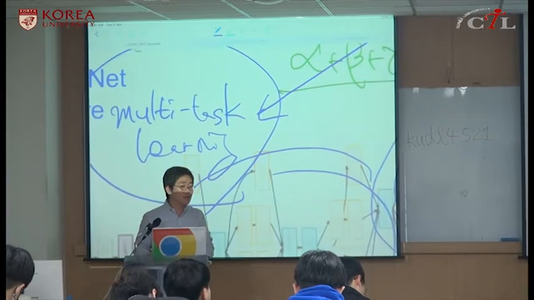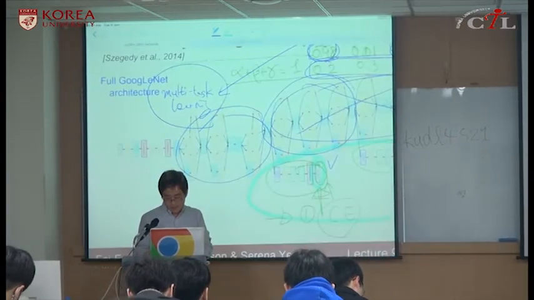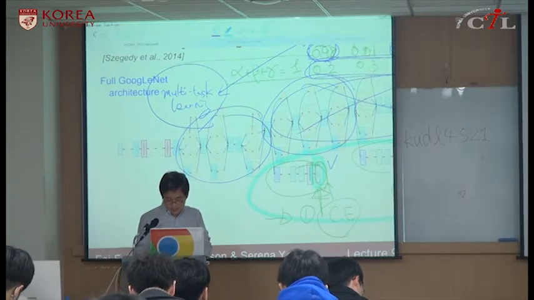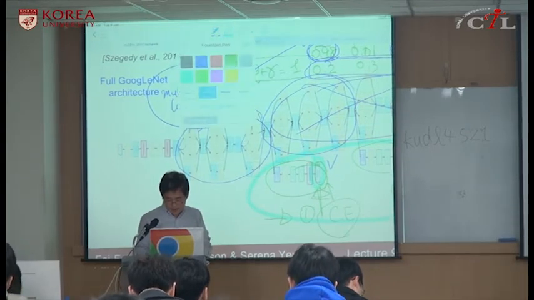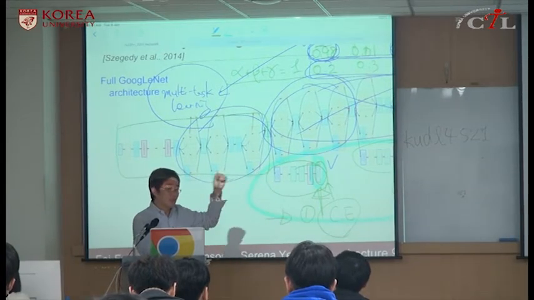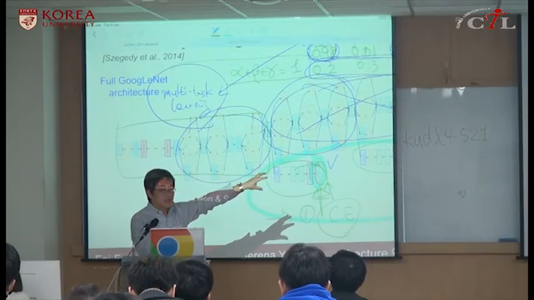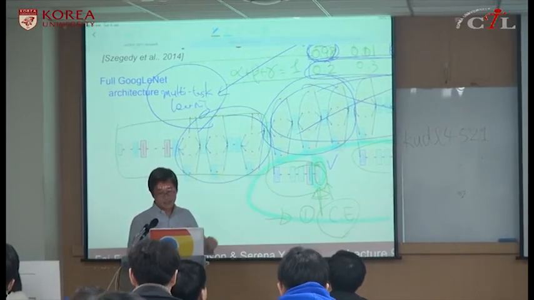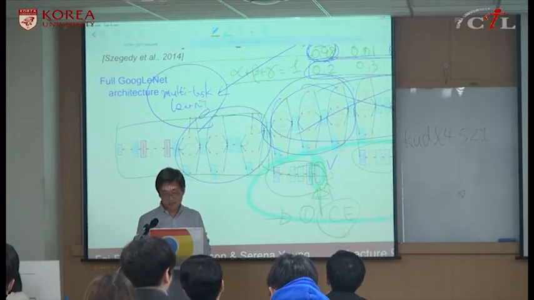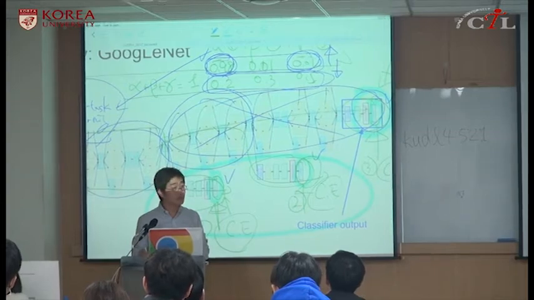So why is it called multitask learning? Let's look at the lower layers of our network. The lower layers should be utilized in order to minimize this part, and also this part, right?